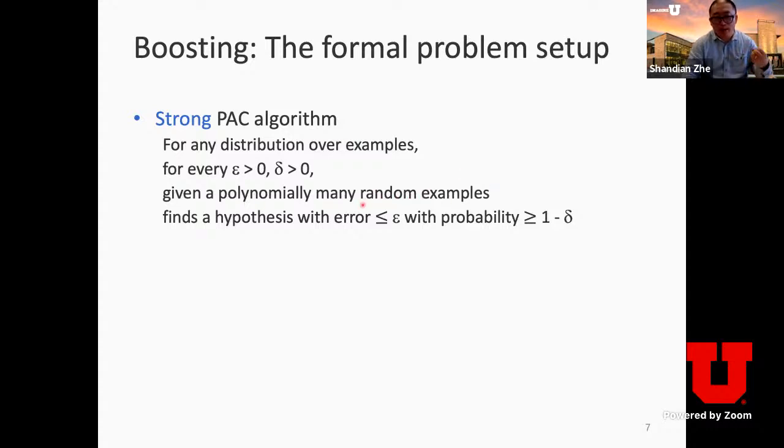It can have a very high chance to find a hypothesis with small generalization error. How small? The error is less than or equal to epsilon, and how high the chance is, at least 1 minus delta. We call such a learning algorithm a strong PAC algorithm.